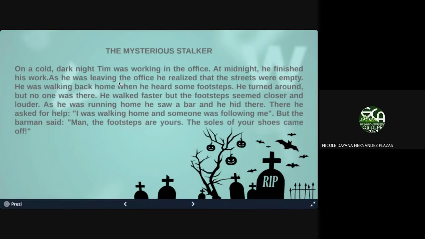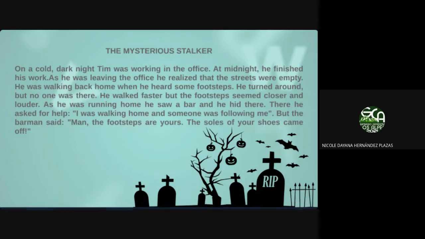And take a look at this word. Now we don't have as, no tenemos un as. Now we have this word in the middle of the two actions. We have when. What is the meaning of when, guys? What is that, babies? What is the meaning of when? ¿Cuándo? Cuando. Perfect.